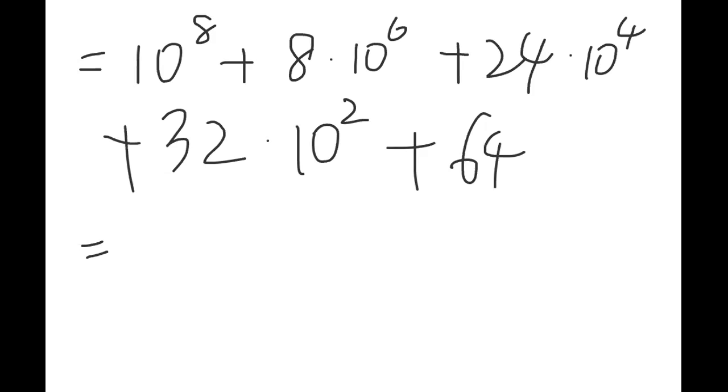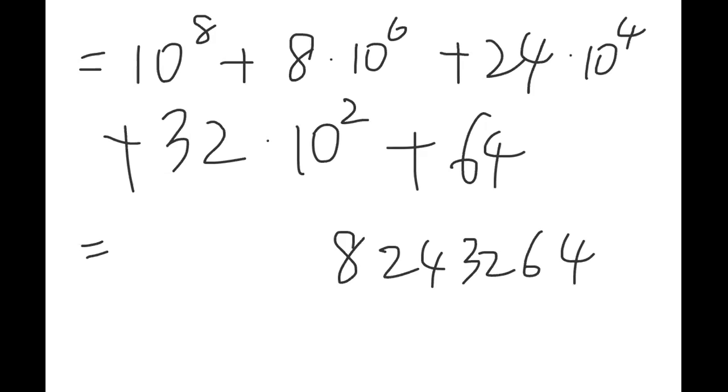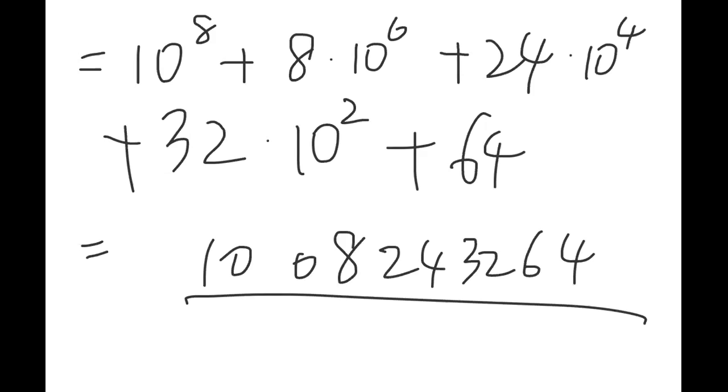Right? And when you add them up, you have 108, 243, 264. 32 times 10 squared is 3200, so it becomes 3264 with the 64.